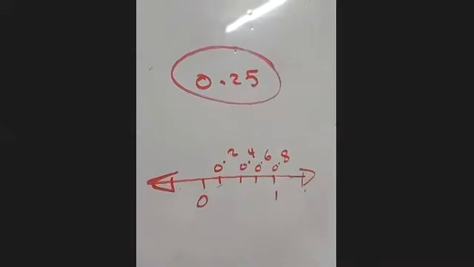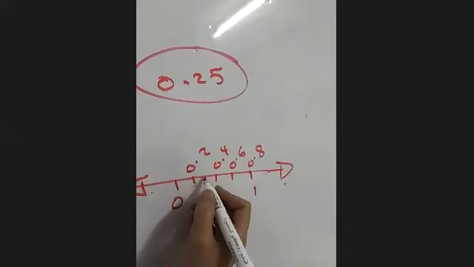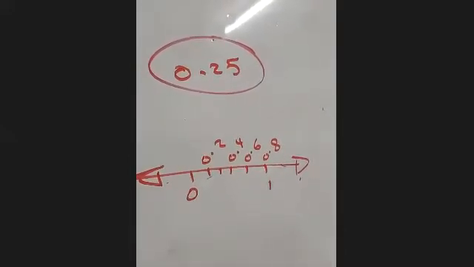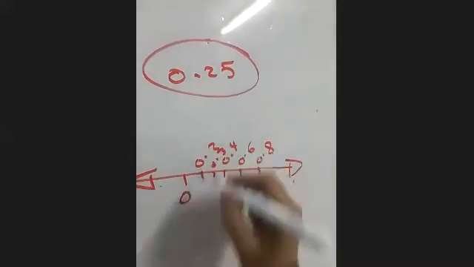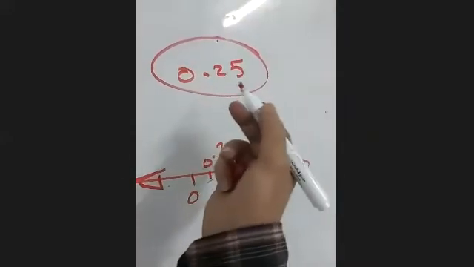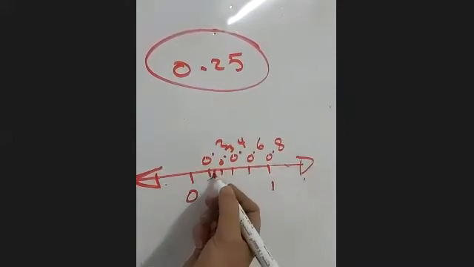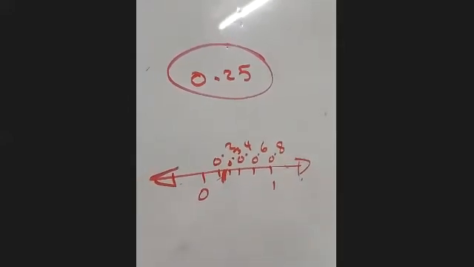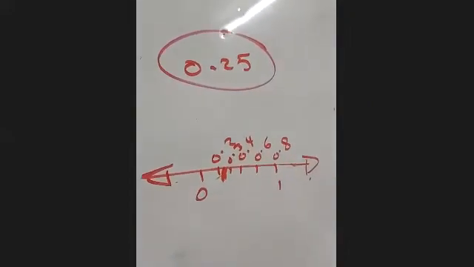Between 0.2 and 0.4, what do we have in the middle? 0.3, not 3. So 0.25 is between 0.2 and 0.3 here. So we make divisions. If we need more, we can make more. Got it?